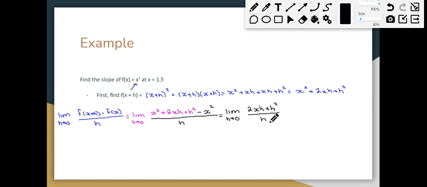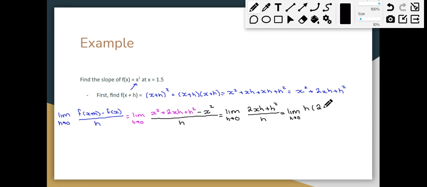So I still can't substitute because there's h in the denominator here, but both terms in the numerator have an h. So this means that I can factor that top. So we're going to have the limit as h approaches 0. We're going to factor out an h.